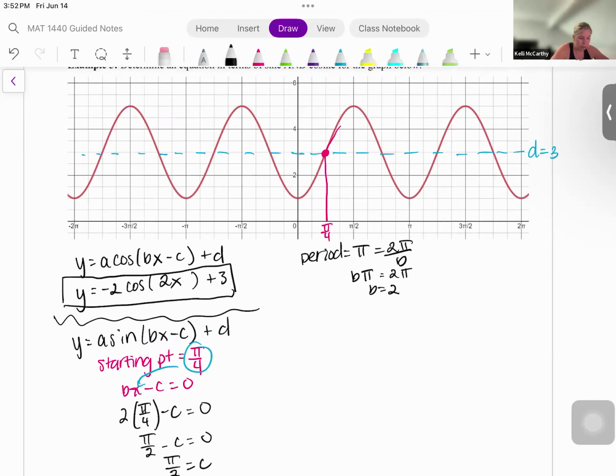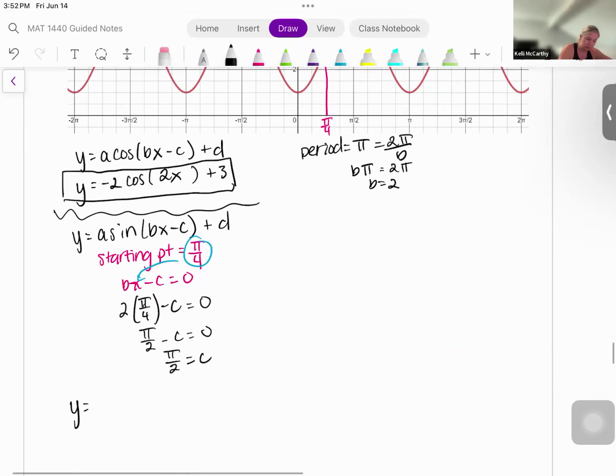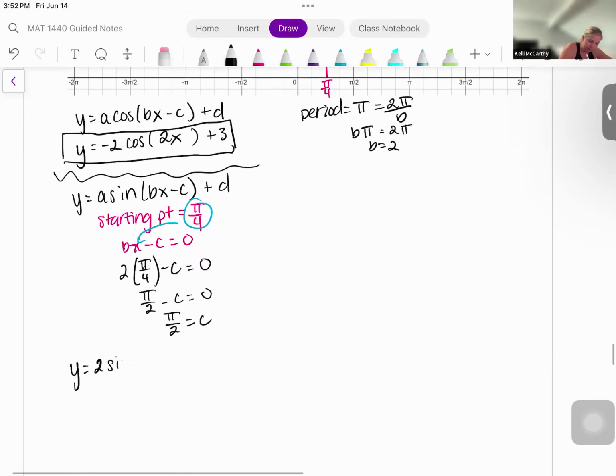Looking at that starting point, we are going up, so we don't have any reflection about the x-axis. So a is still just going to be positive 2 times sine of 2x. C is positive pi over 2, or, I'm sorry, C is going to be minus pi over 2, and I'm going to point out why.